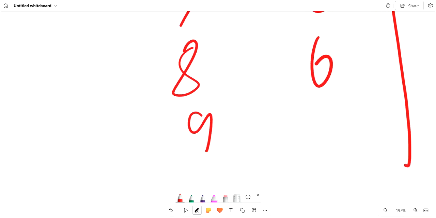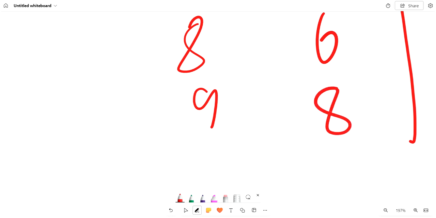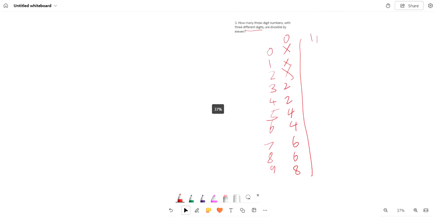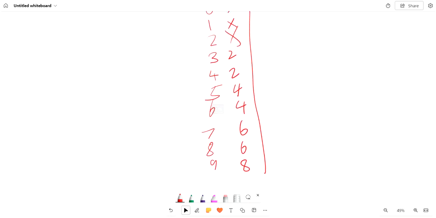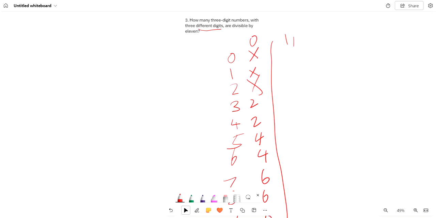And finally for 9, we have 198, 297, 396, and 495. And these make for 4 times 2, which is 8. So we have that many for if A plus C minus B sums to 0.